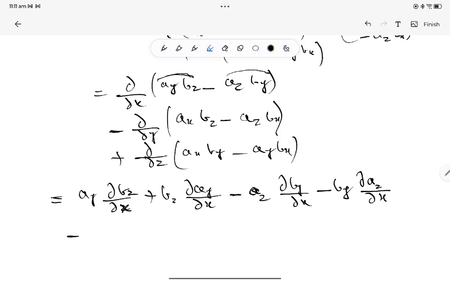Next I have here a_x, as it is, and differentiating this, del b_z by del y, minus, because you have minus here, so the second term from this will also be minus. That will be minus b_z del a_x by del y, then minus plus, that is plus.